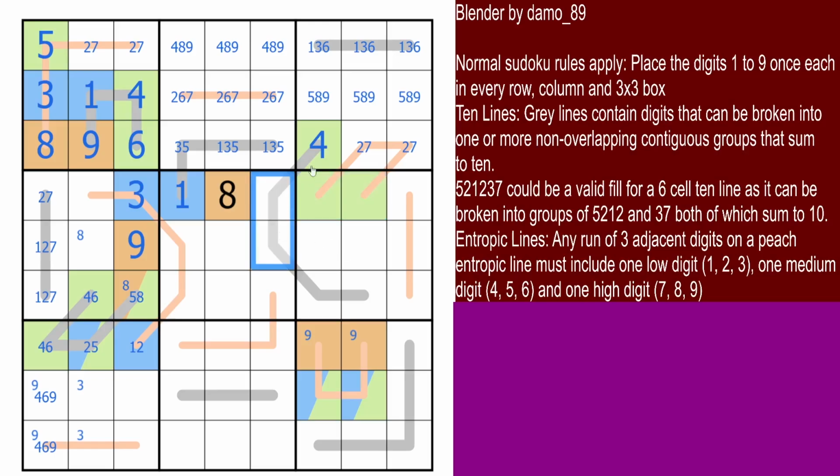Right, and now either these two sum to 10, or these three sum to 10, right? 4 10 is not possible because that will be 10. So if that sums to 10, that will be 6, or if that sums to 10, that will be 2 4. Cannot be 1 5. So that's definitely 2 4 6. That's 5 6, because we know that both these are low and high.